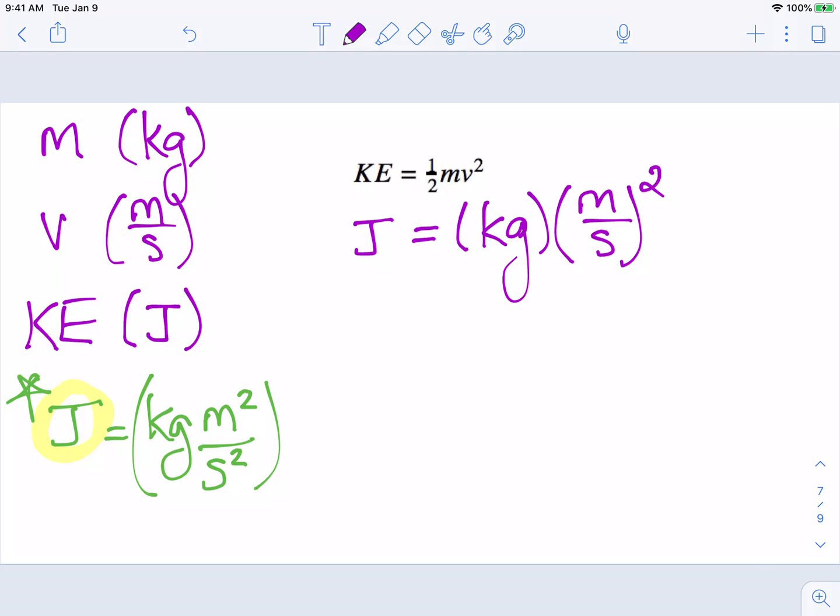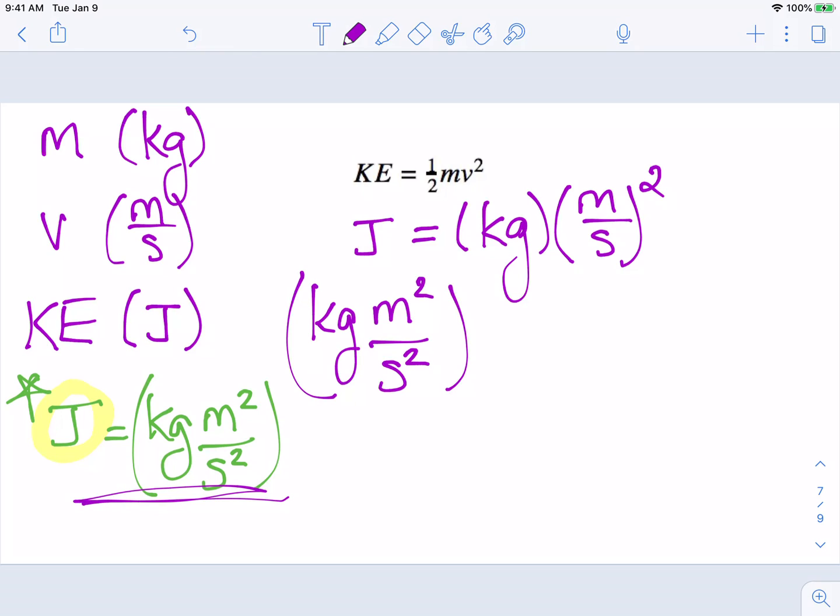Now looking at this, I can't tell if the stuff on the left is equal to the stuff on the right because of that joule. So instead of keeping it as a J for joule, I am going to replace it with its fundamental units that I mentioned down here so I can see that the left and right hand side of the equation are the same. So on the left, I'm replacing the J by kilogram times meter squared per second squared. Okay, because that is equivalent to a joule. We said that over here by definition.